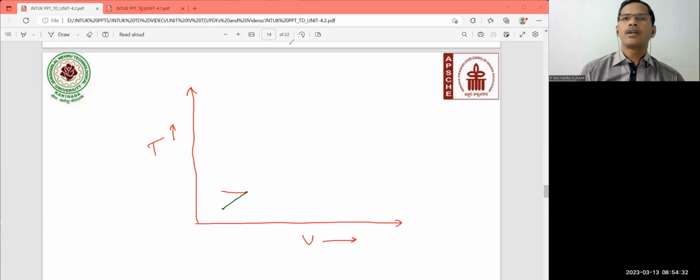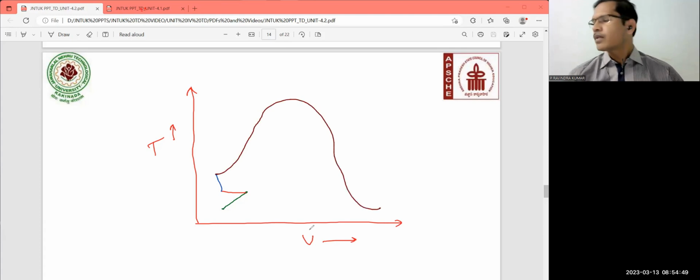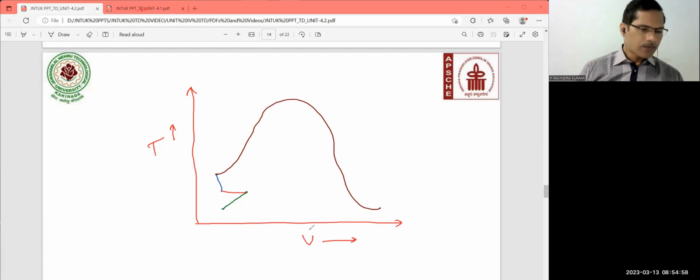Then afterwards you will get another curve which is of this one. Then you can get another curve that is of this one. In this case, if you observe, there is -5 degrees centigrade.